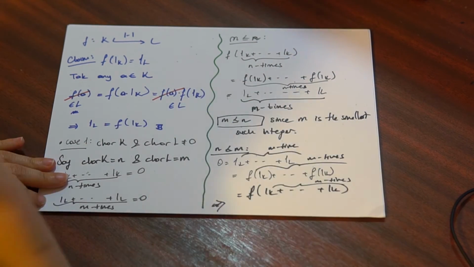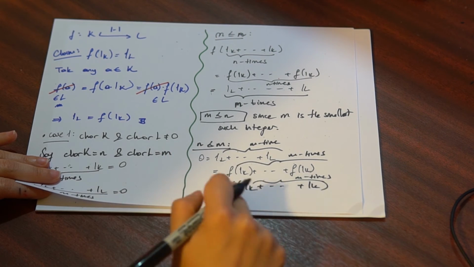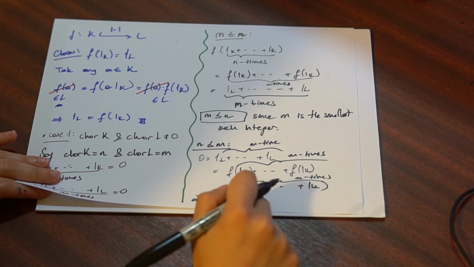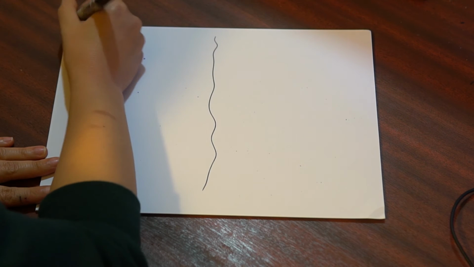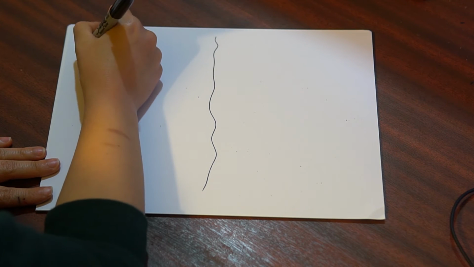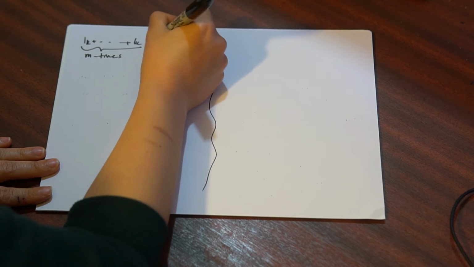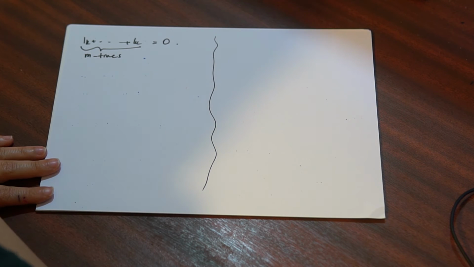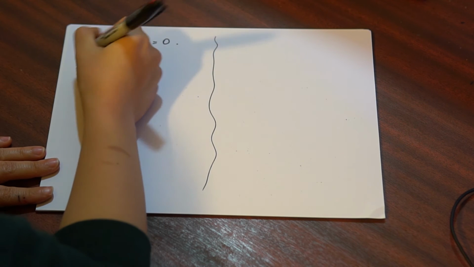this map is an injection, right? If the image of an element is equal to 0, then that element is equal to 0. So we will have 1_K plus 1_K, again m times, is equal to 0. But from the definition we know that n is the smallest such integer.